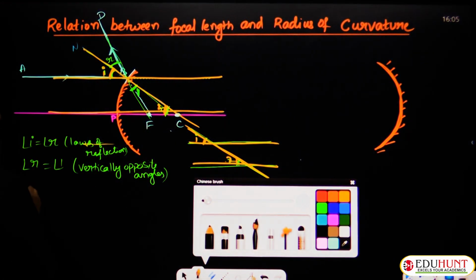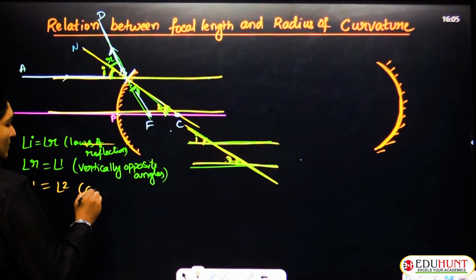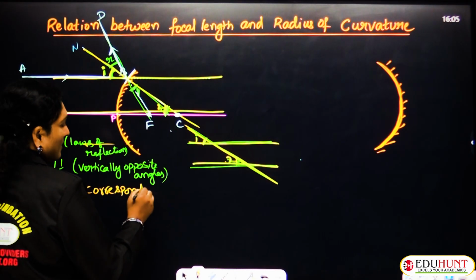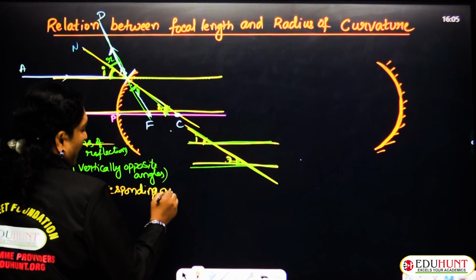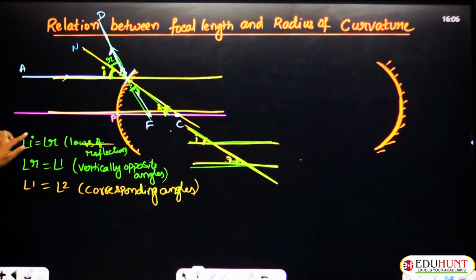The reason behind this is that they both are corresponding angles. So i is equal to r, r is equal to 1, and i is equal to 2.